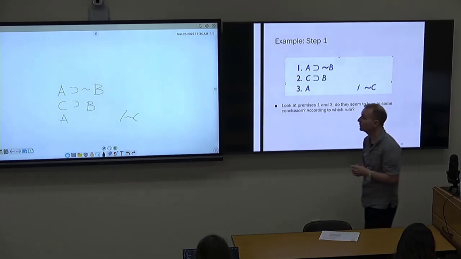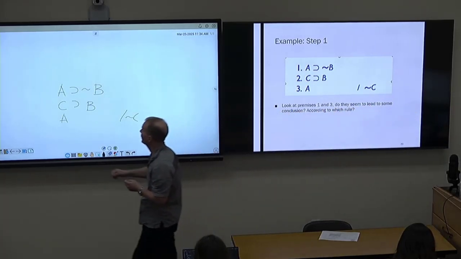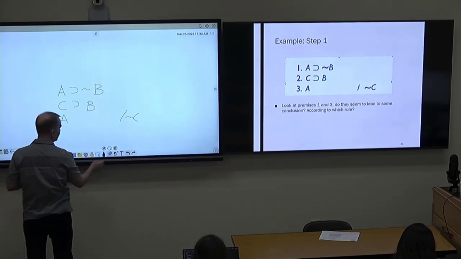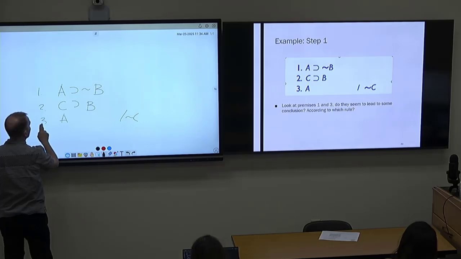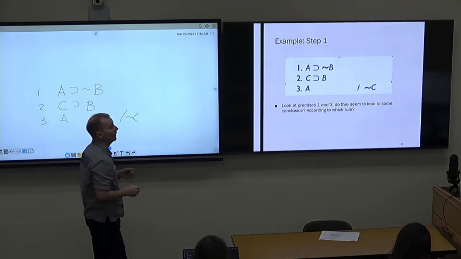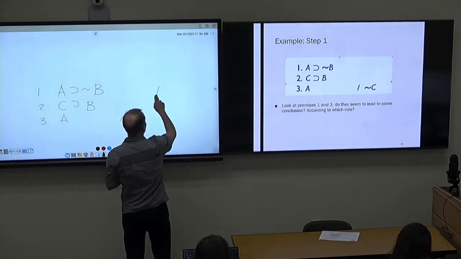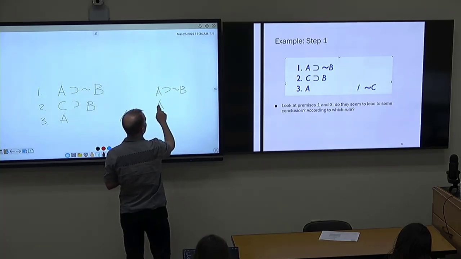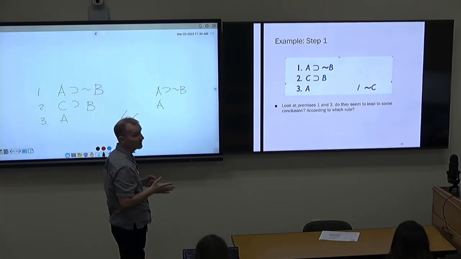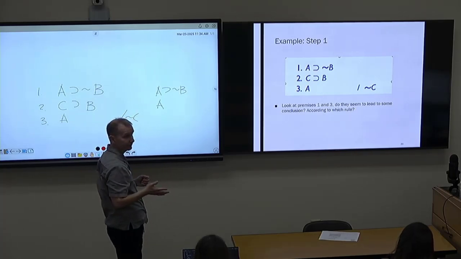So let me write it on the side so you can see it a little more clearly. This is 1, 2, and 3. Using 1 and 3. So 1 is if A, then not B. And 3 is A. If we replace it with P and Q, what do we have?